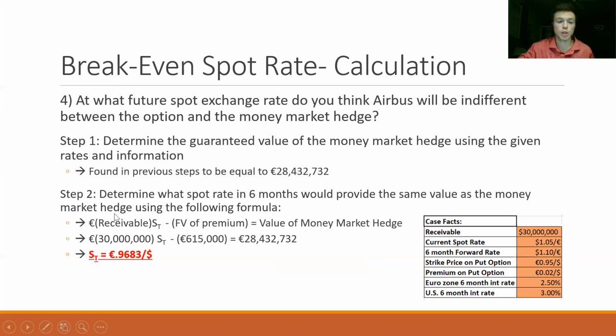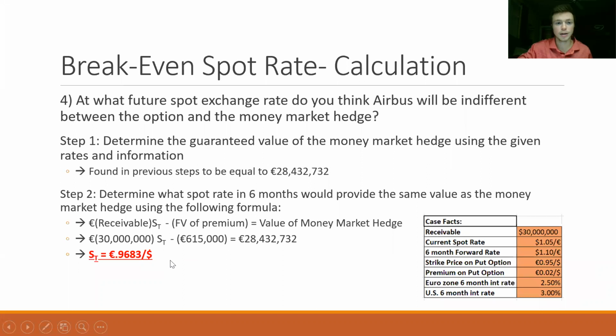So you'll take the receivable, which in our case is 30 million, times the spot rate, and that's going to be the variable we're solving for here, minus the future value of the premium, which again is 615,000 euros, and set that equal to the value of the money market hedge. And once we plug all those numbers in, it spits us out a spot rate of 0.9683 euros per dollar.